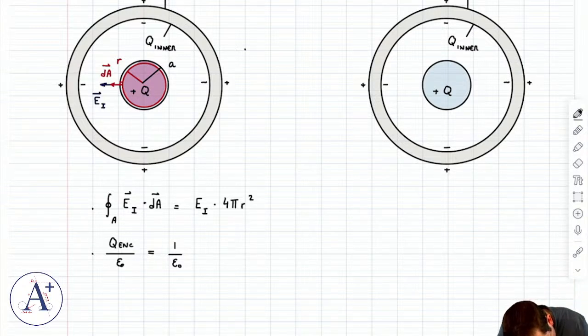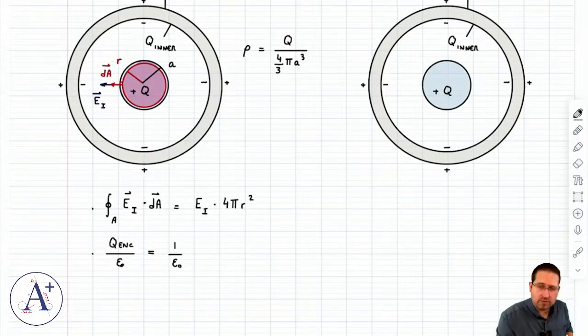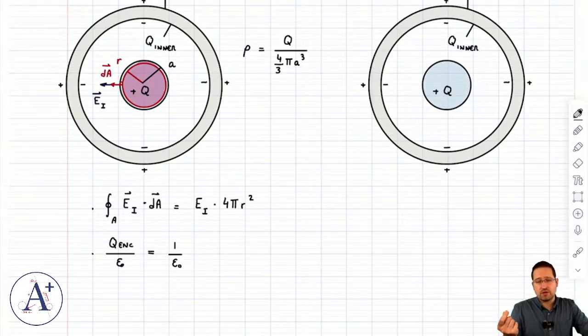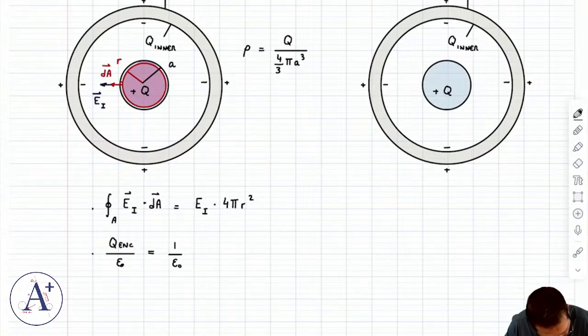So what I need to introduce is rho. Rho is going to be charge Q divided by the volume of the actual insulating sphere, 4/3 pi a cubed. I need rho because rho is charge per volume. If I then take rho and multiply by the volume, which in this case is the volume of my Gaussian sphere, then I'm going to get Q enclosed.